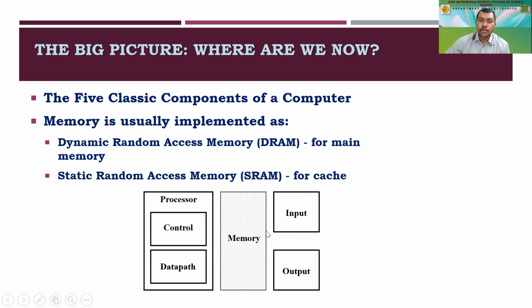Input devices are like keyboard and mouse, where data is inputted to the computer, and the output device is where the result comes. So these are the 5 classic components of a computer: the processor, which is the control and the data part, then memory, and the input output devices. The memory is usually implemented as dynamic RAM for main memory, and static random access memory for cache, right? So these are the basic 5 components in a computer.